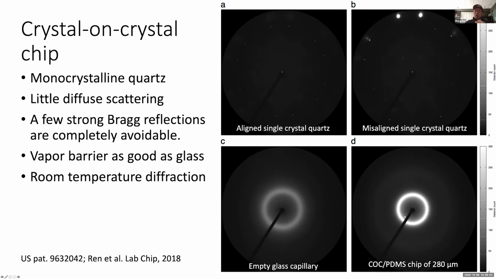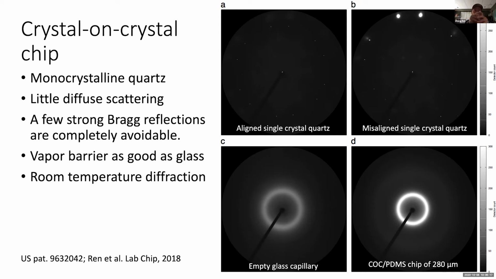And then on top, this is a perfectly aligned single crystal quartz. And then this one is a misaligned single crystal quartz. And then you can see there will be very strong Bragg diffraction coming out. So those few Bragg diffractions can be avoided completely.